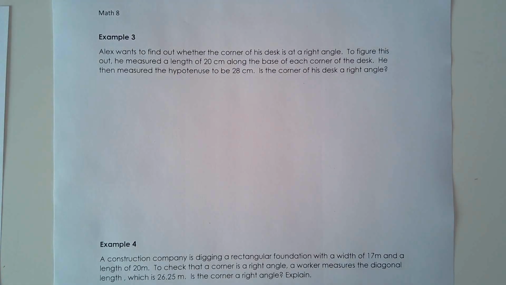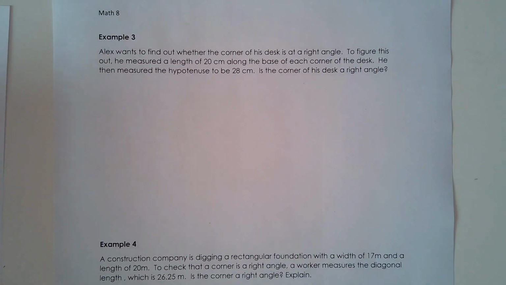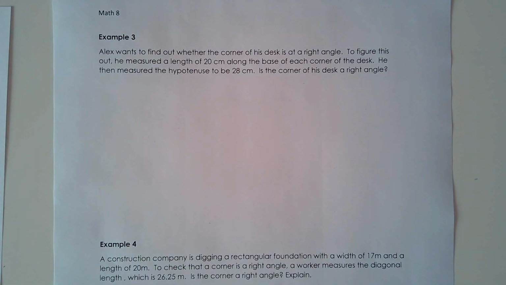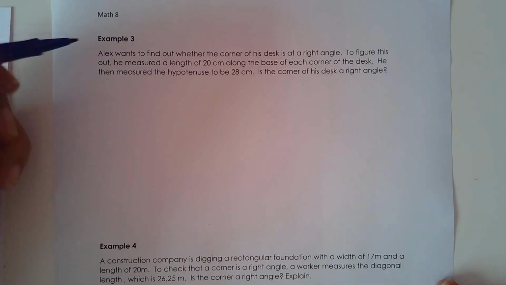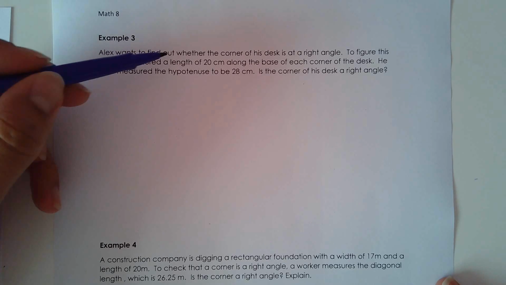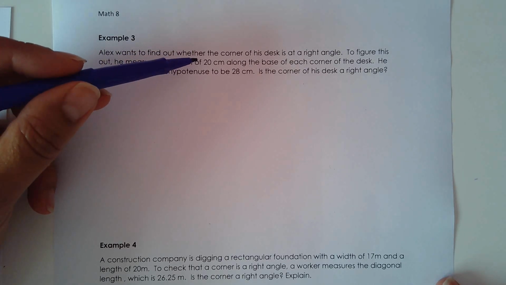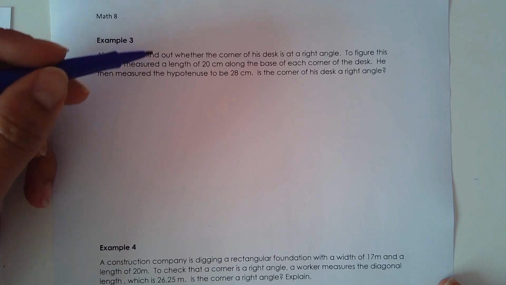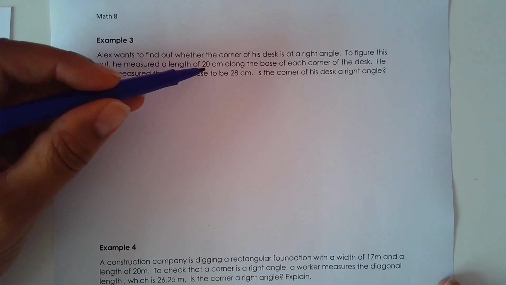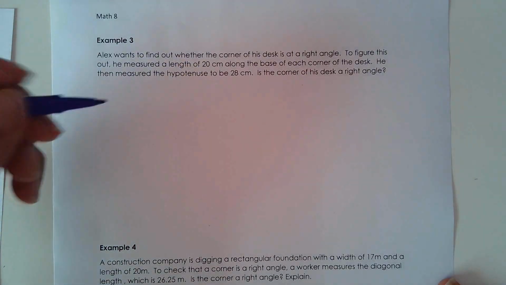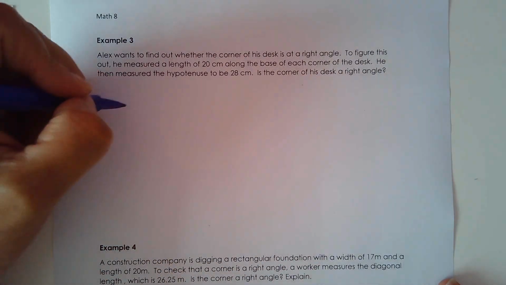So what I'm going to do is start off by drawing a picture of the desk and of the measurements. It measured a length of 20 centimeters along the base of each corner. So it looks like it's a square desk.